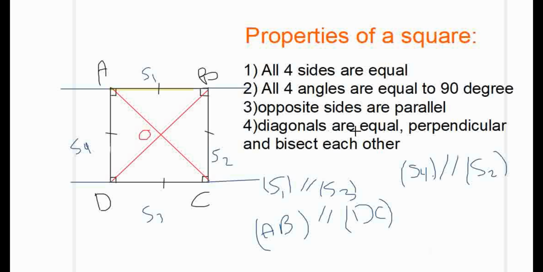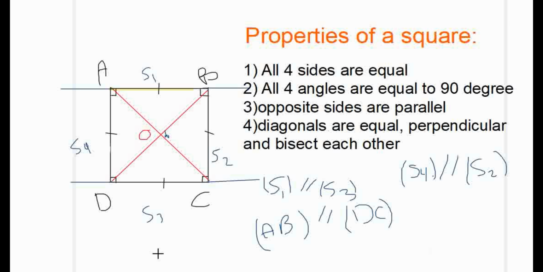Equal means they have the same measure. So if AC equals 2, then DB is also 2 centimeters. If AC is X, then DB is X. If AC is X plus 2, for example, DB is X plus 2. So they are equal.